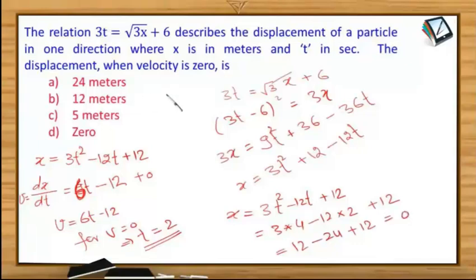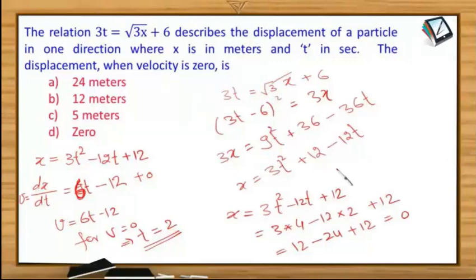Hence the particle is at the starting position when its velocity is 0 at the particular instant t = 2. In this case, the particle must have moved away from the origin at the start and then come back to the origin, the starting position, for instantaneous rest.